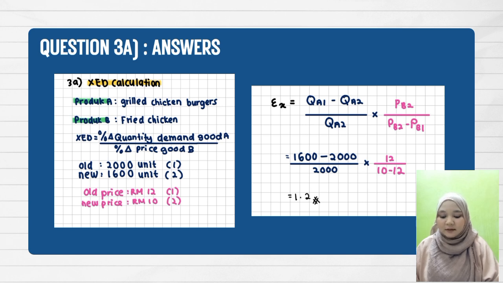So we get negative 1 per 4 multiply negative 6. And we get 6 per 5 equal 1.2.